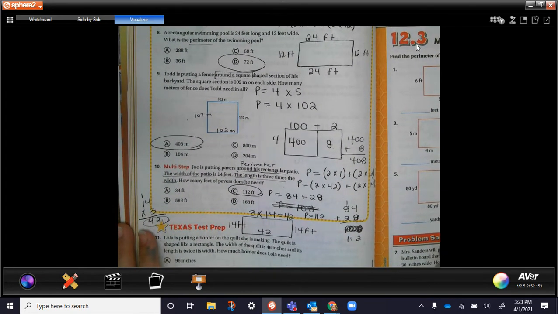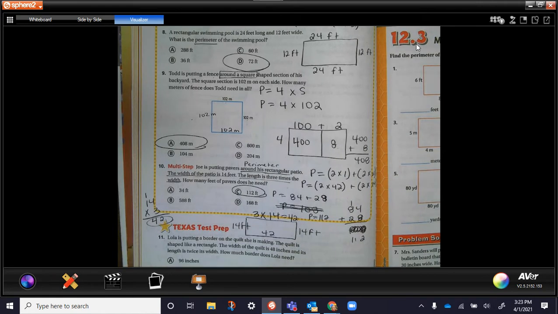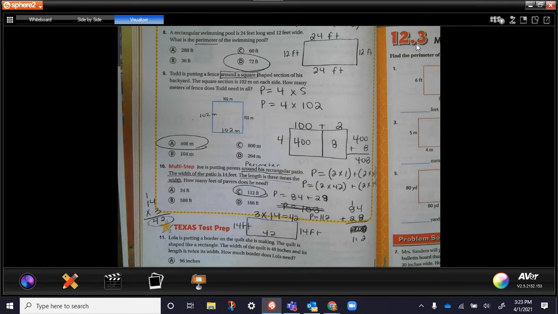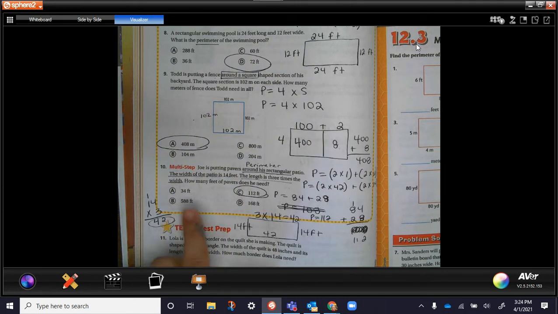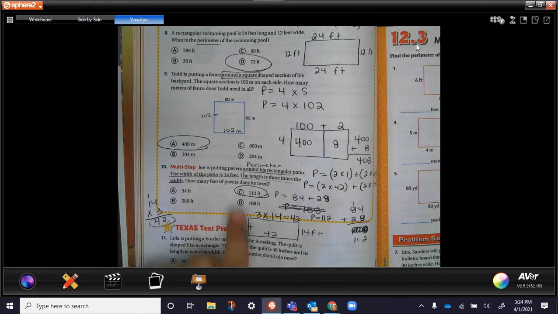This one here, number 10, is a multi-step problem. It says Joe is putting pavers around. Again, we're going around a shape, so here's our shape we had to draw in. We're going all the way around. This one is multi-step because look what it says. The width is 14, so we put 14, but then it says the length is 3 times the width.